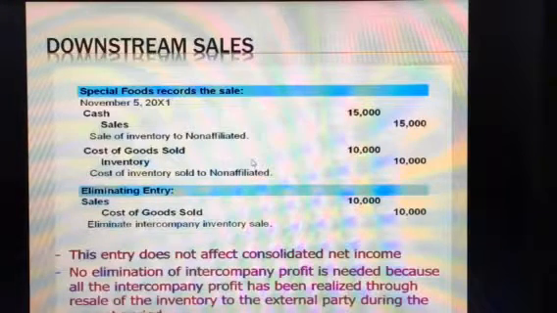No elimination for intercompany profit is needed because all the intercompany profit has been realized through resales of the inventory to an external party during the current period. You can see the sales to cost of goods sold 10,000, cost of goods sold to inventory 10,000, and cash to sales 15,000.